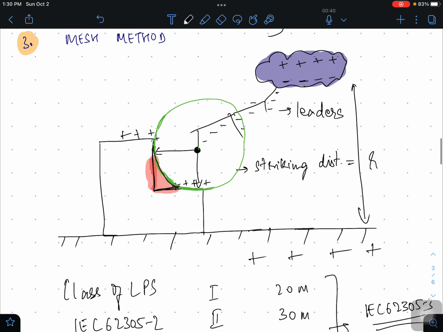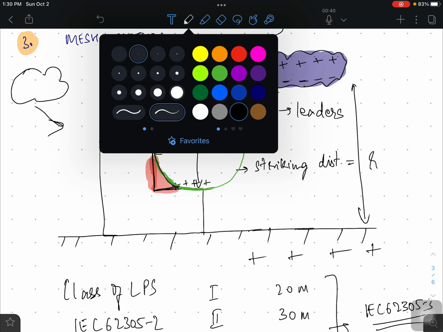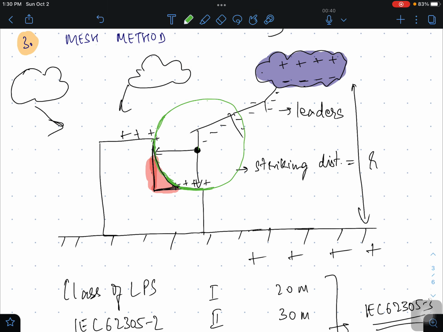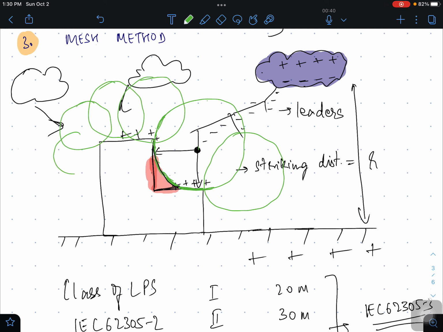Now we understood that there is a sphere, it can strike. Now the cloud is not necessarily here, the cloud can be here also, it can strike from anywhere, wherever it wants. So that is why we have to now roll this sphere. We roll this sphere on each side and check which points have to be protected. Wherever this rolling sphere is touching your equipment, that means your equipment is in danger.